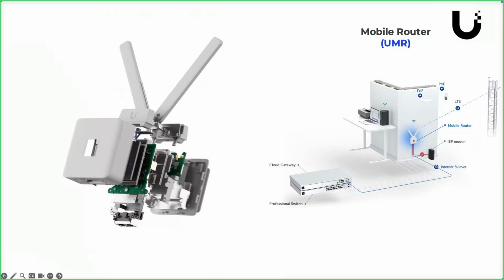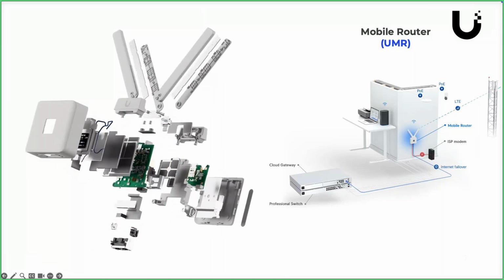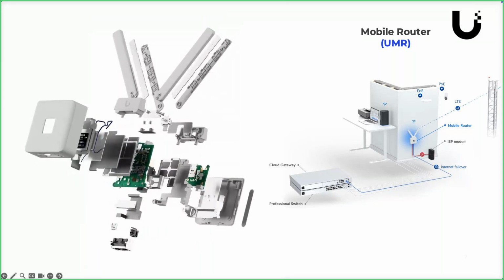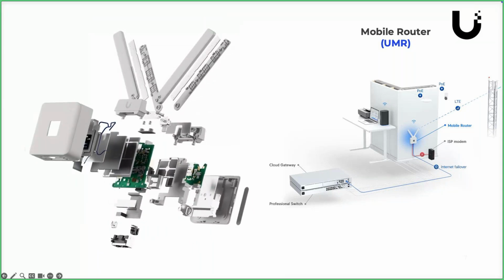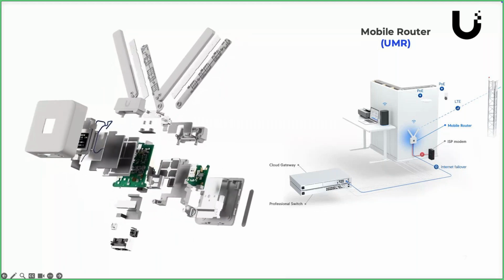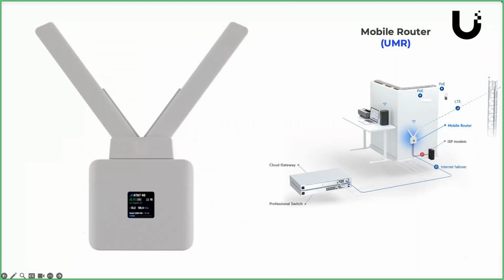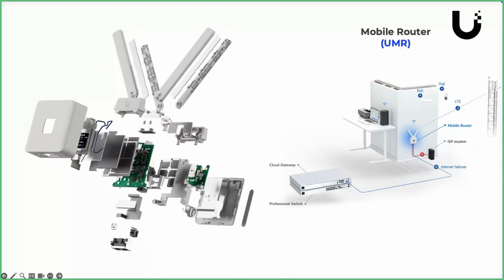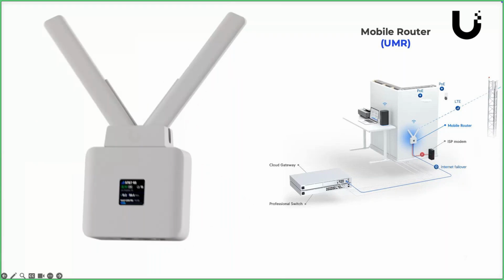And then there's the normal mobile router, so the regular UMR. These have been around the longest. Also LTE Cat 4. Also support very much the same software capabilities. The main difference here is that this is pretty much the UMR Industrial in terms of the board, the chipset, etc., but it is meant for more indoor use environments.